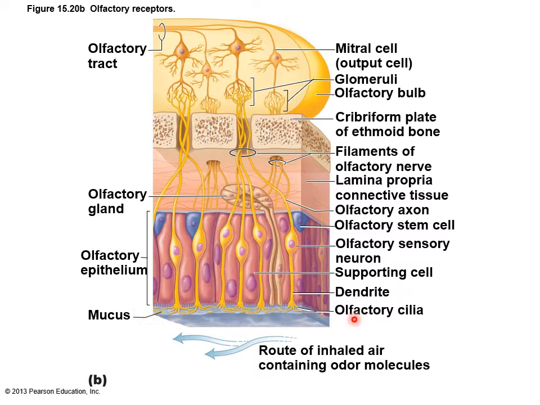So here's your olfactory cilia, there's the dendrite of your bipolar cells, this is your olfactory sensory neuron, and then those pathways go up through the cribriform plate, and they form little round structures that are called glomeruli, and those attach to mitral cells that end up making the olfactory tract. So the bipolar cells to the mitral cells. So that's the pathway of the olfaction pathway, rather.